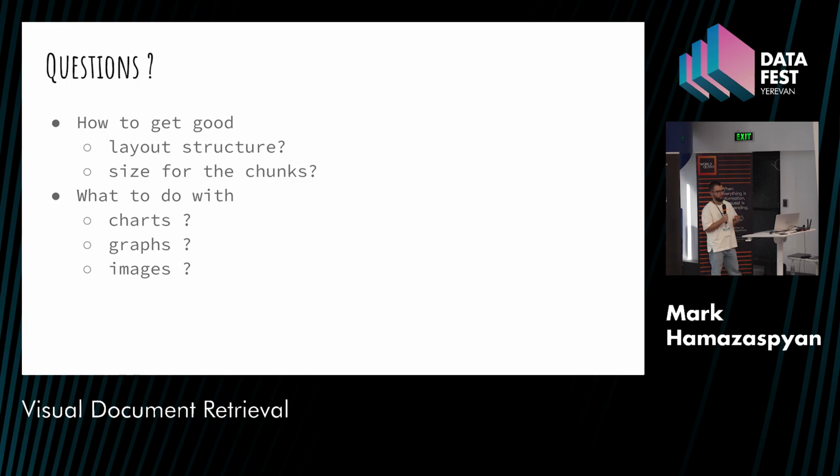And how do we decide whether a given chunk size is a good one? Maybe we keep small chunks and we miss information. Maybe we pick a big chunk, and because of that, the LLM gets extra noise and is not able to correctly answer the query. Also, a lot of documents contain charts, graphs, and images which cannot be captured by pure OCR models. So there are a lot of questions about how to do it.